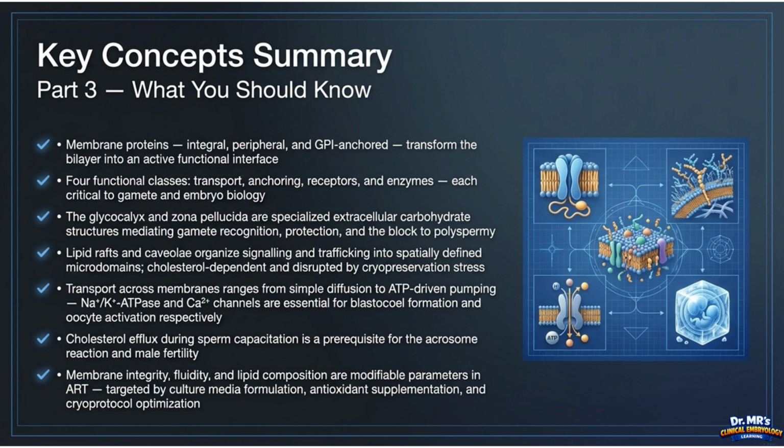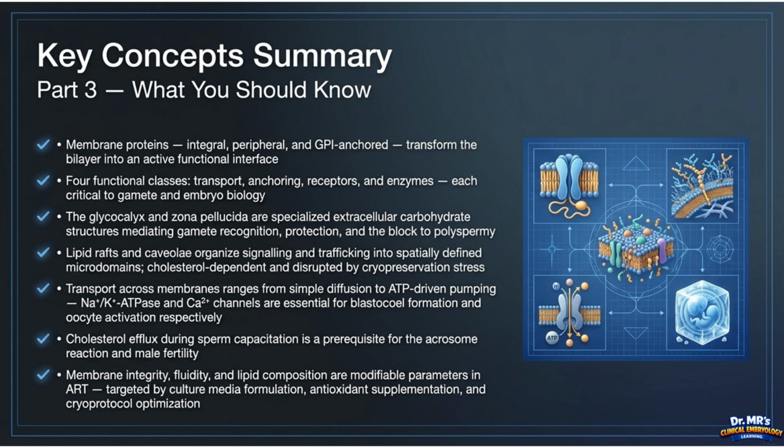The four functional categories, transport, anchoring, receptors, and enzymes, cover every active process at the membrane. In gametes and embryos, transport proteins regulate ion balance, nutrient uptake, and pH. Anchoring proteins maintain cortical architecture and spindle positioning. Receptors transduce follicular signals and sperm activation cues. And enzymes including phospholipase C-zeta generate the calcium signals that activate the oocyte at fertilization.